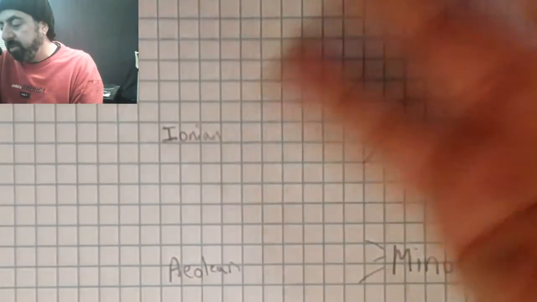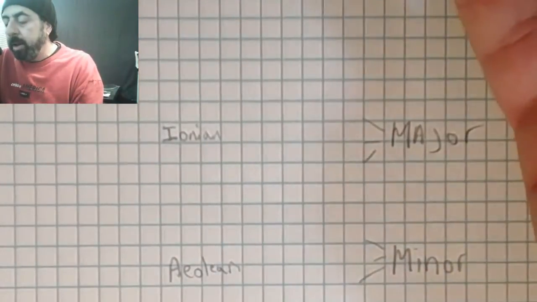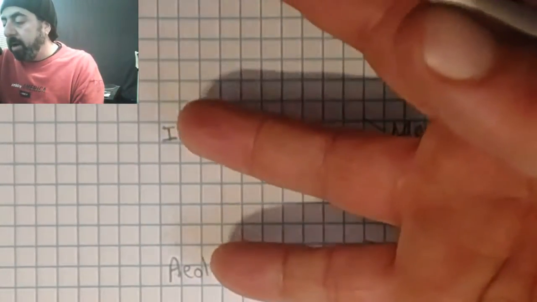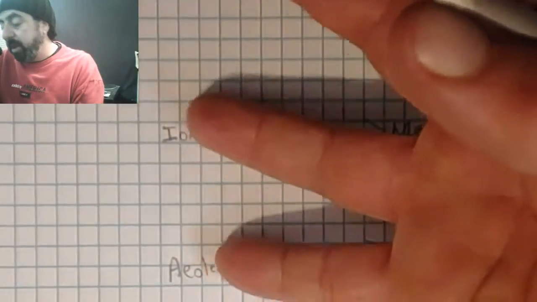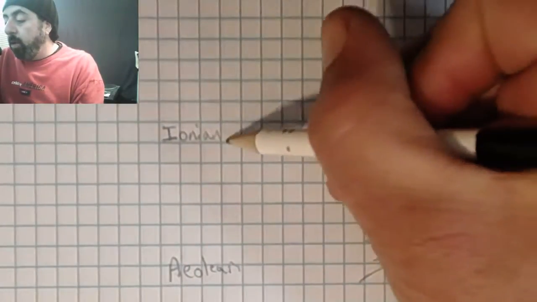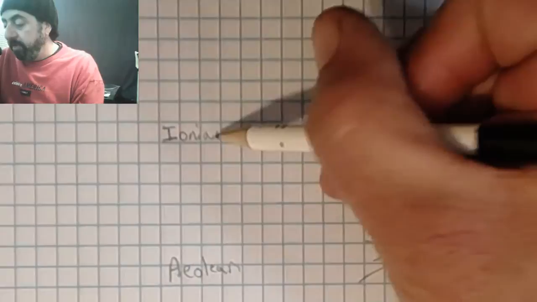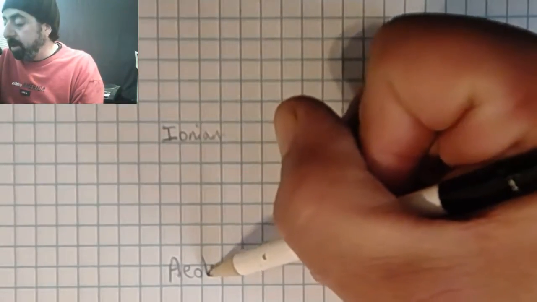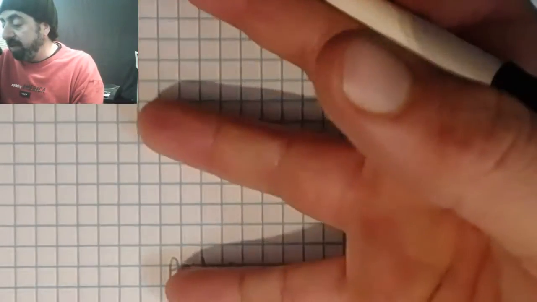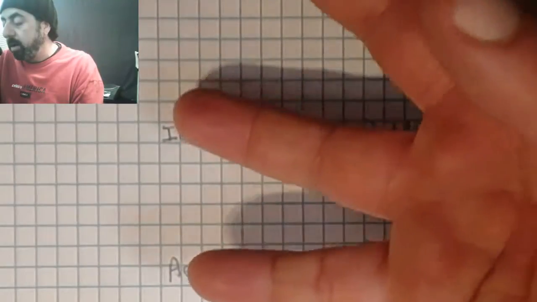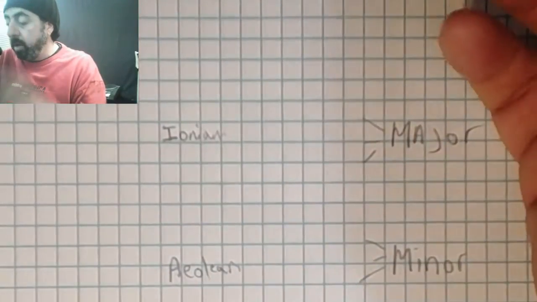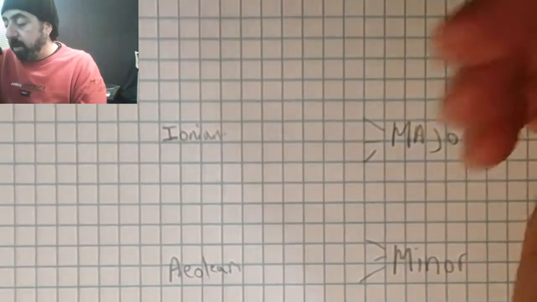They just say major because major is just so regular, but they're not really indicating in the naming conventions that Ionian is the balanced of the major and Aeolian is the balanced or the natural of the minor. So Ionian natural major, Aeolian natural minor.